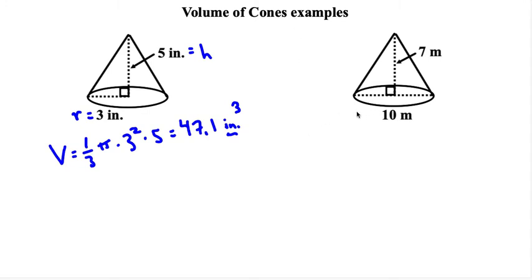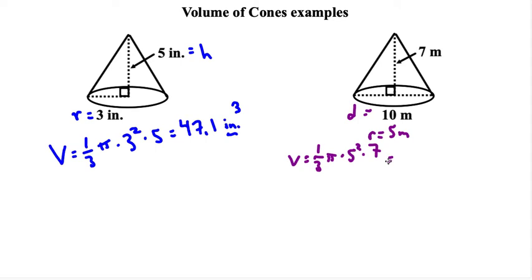Same idea here, except this is not the radius. You probably noticed that. That is the diameter, which means the radius is 5 meters. So the volume would be 1/3 times pi times 5 squared times, well, this is still the height, still perpendicular, 7. So 1/3 times pi times 25, or 5 squared, times 7.